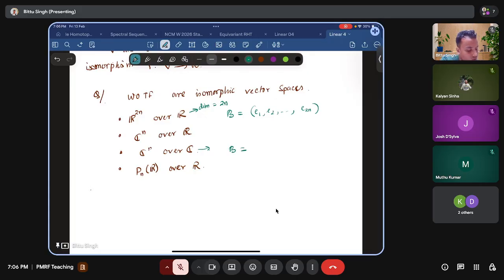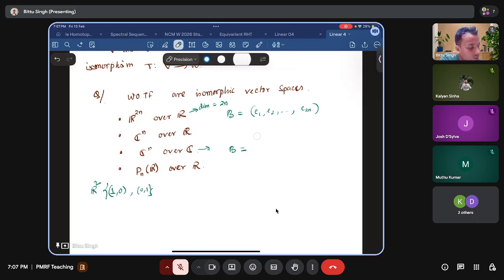For example, for C, what will be the basis? Or what will be a basis for R over R? The basis is 1. If we take R2, the basis will contain 1 0 and 0 1. Similarly, what will be the basis of Cn over C? Can you give me an ordered basis?